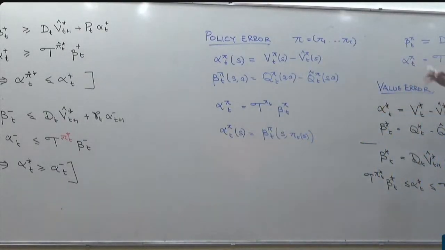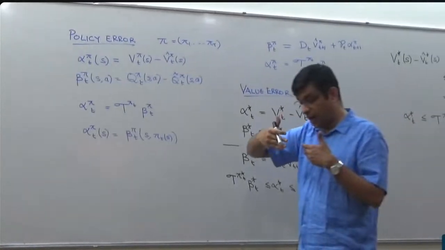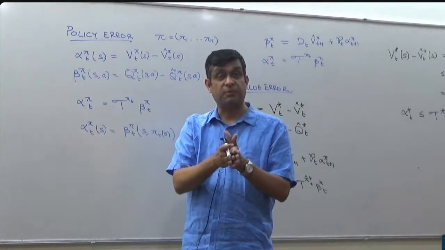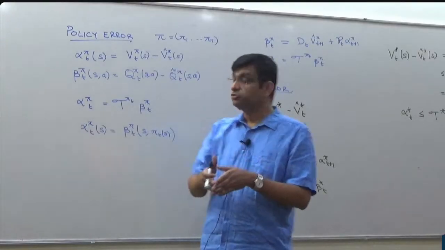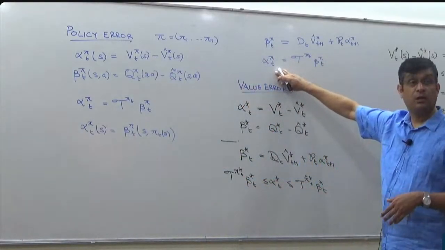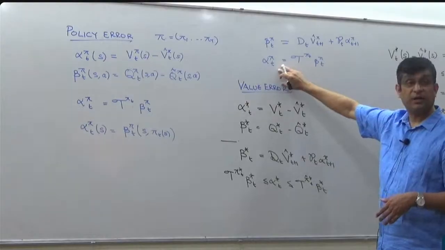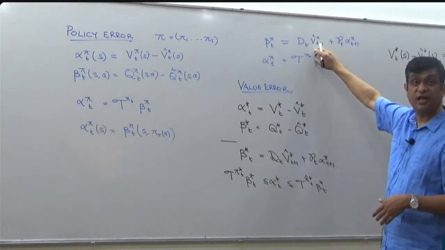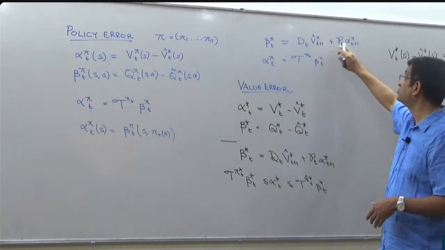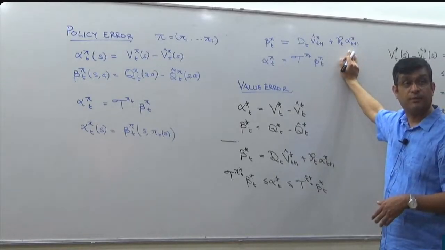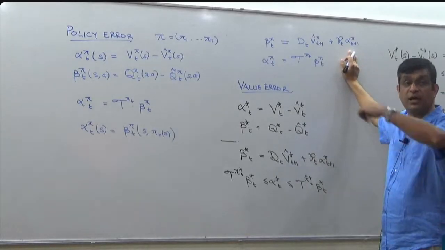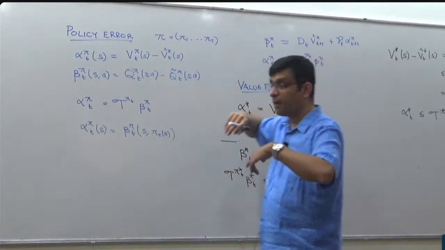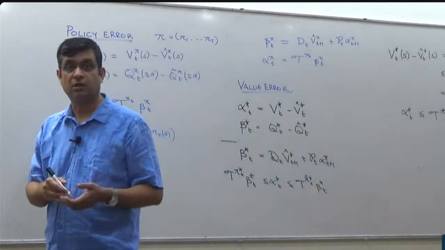Typically in an application, I will be interested in what this value error is at the beginning. So if I unroll this from the beginning, what I am really saying is this can be written as a summation of the expected values of these terms plus the expected value of this term.